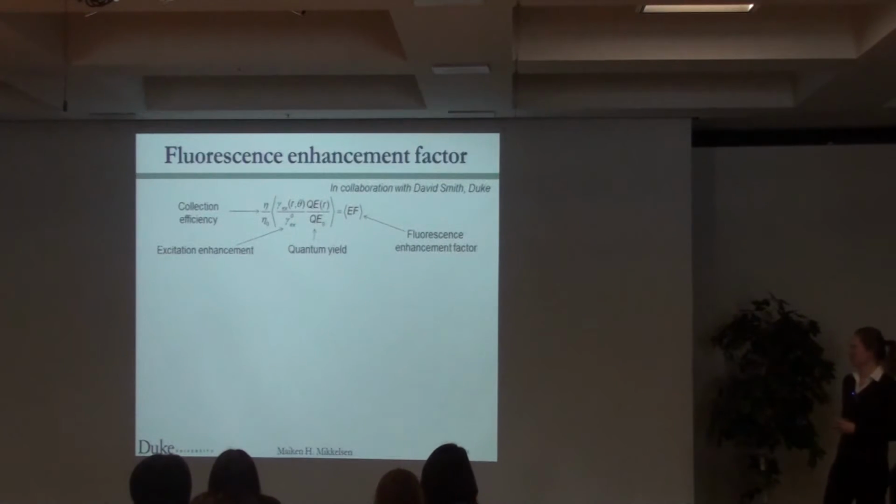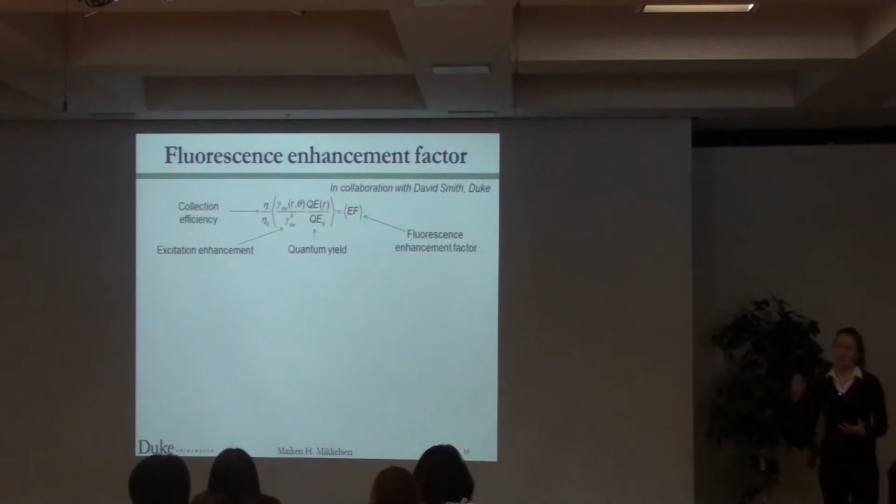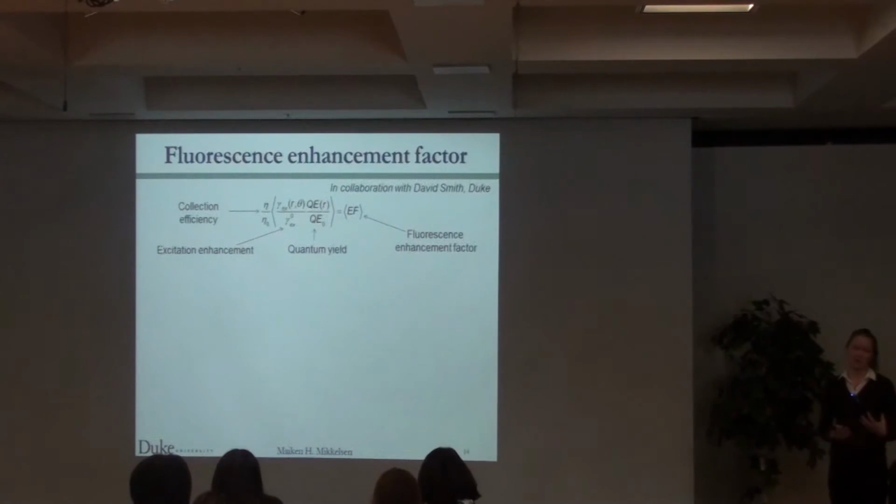The final thing was this radiative versus non-radiative decay component. Unfortunately, we cannot measure the quantum yield or the quantum efficiency of our structure directly. What we can do is ensure that we understand the time dynamics, the fluorescence decay lifetimes as a function of gap size, and we can also measure the overall fluorescence enhancement factor and compare that to simulations.